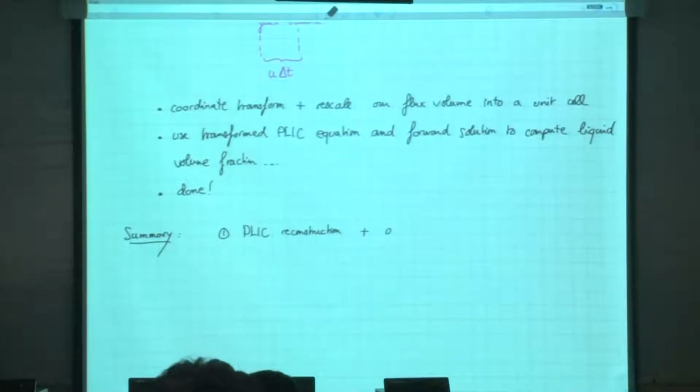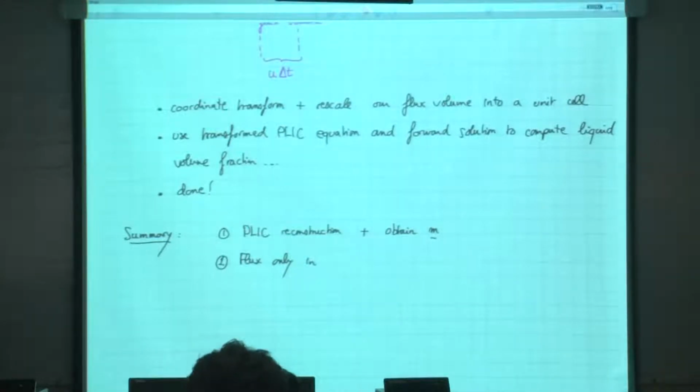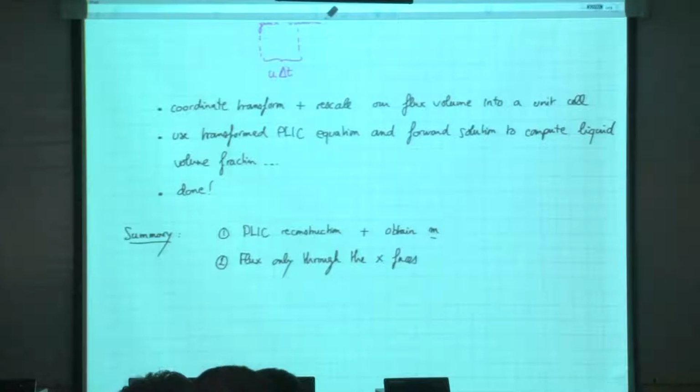plus obtain our m vector. Step two, flux only through the x faces.